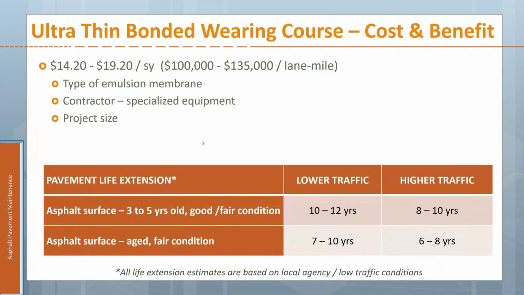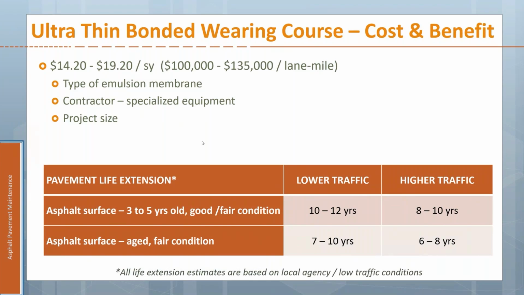And then in terms of cost, we're getting a little more out of this, so we can expect it to cost a little more. We do have that polymer membrane. That's going to be a more expensive portion of it. So now in lane mile costs, we're looking at 100,000, maybe 135,000. And I feel like this is something that it's not really limited in terms of traffic.